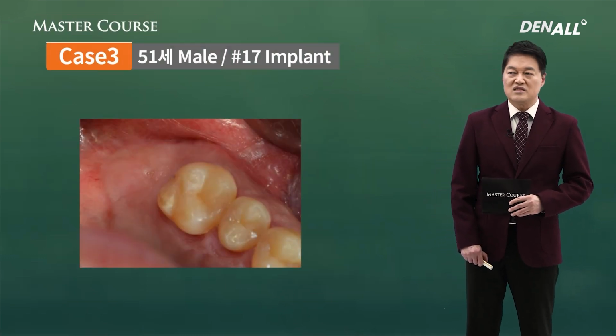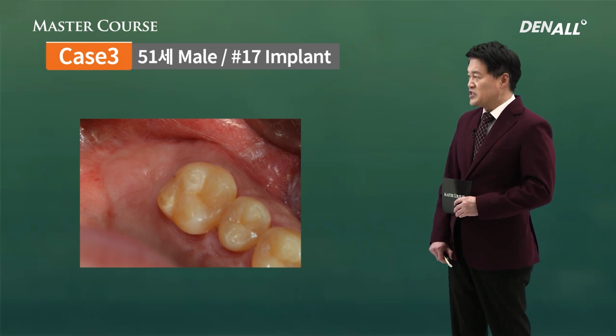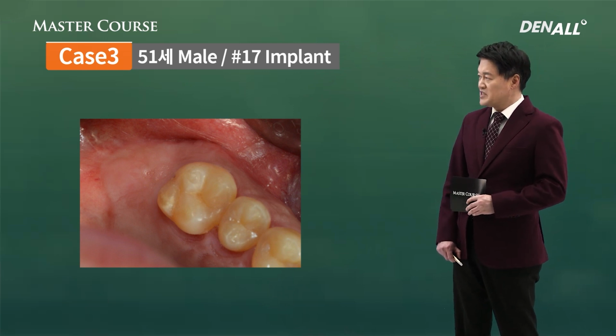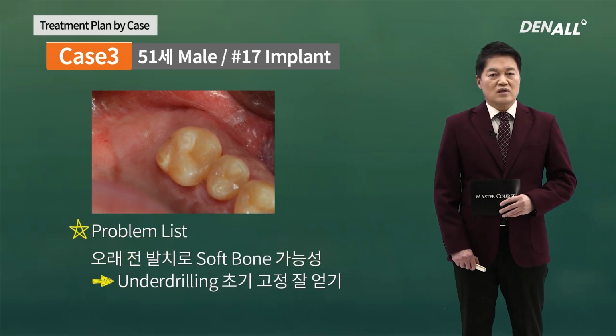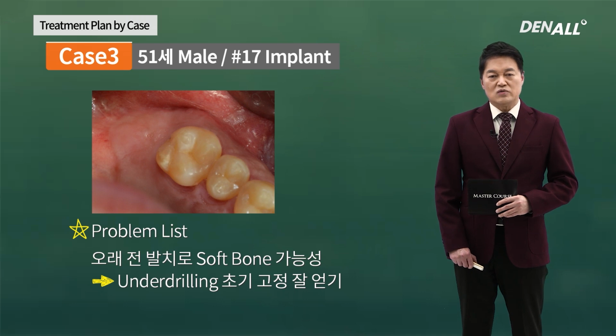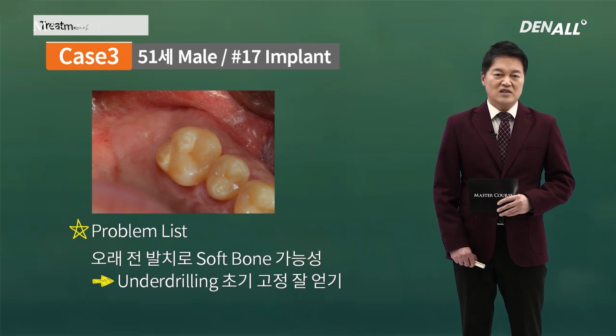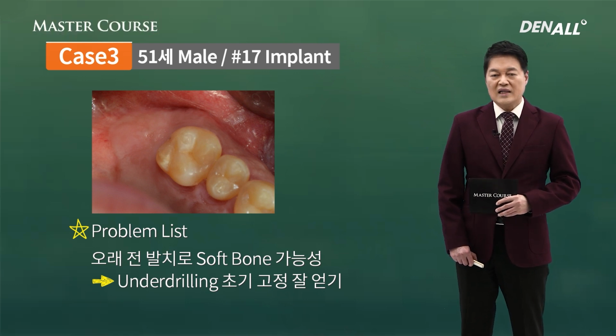Let's look at the third case. A 51 year old male patient, number 17 was missing and an implant was to be placed. Let's look at the problem list. In the most upper posterior area, if it has been a long time after extraction, there's a high possibility of soft bone.